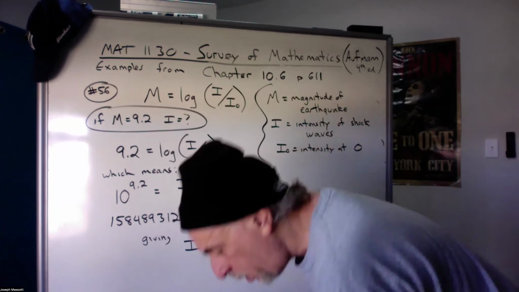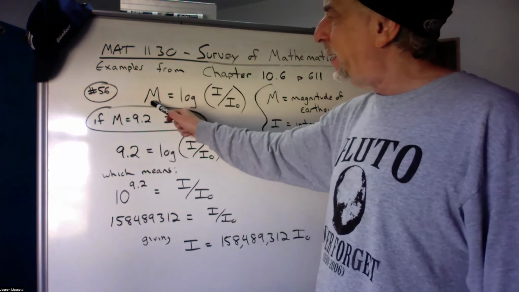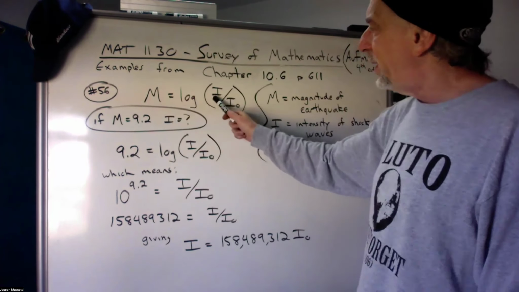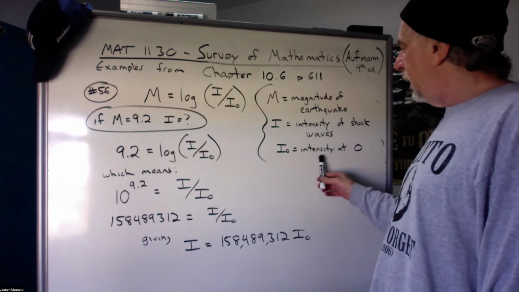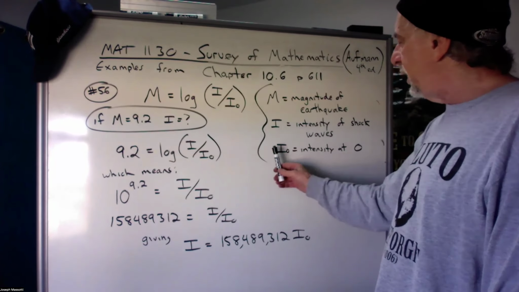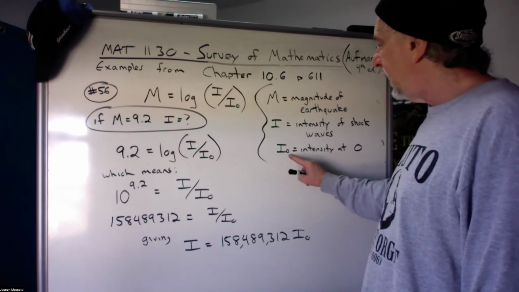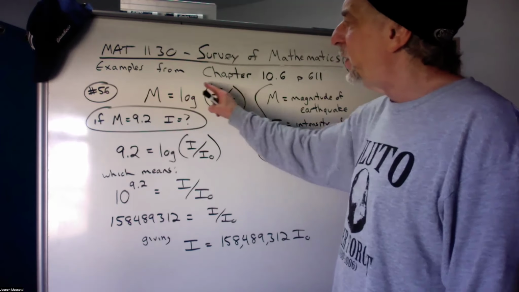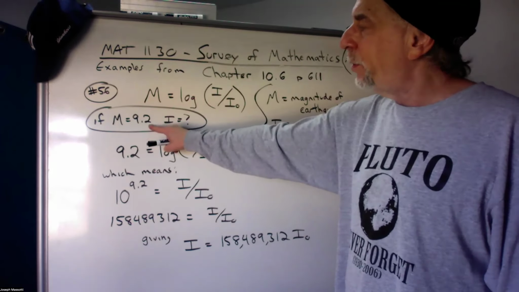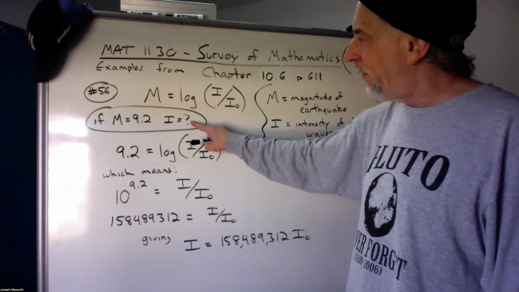So similar to the one we just did, we're given an equation that relates the magnitude of an earthquake to its intensity of the shock waves, and the I sub 0 term is kind of a base measure. When the intensity is at 0, that's the I sub 0 term.